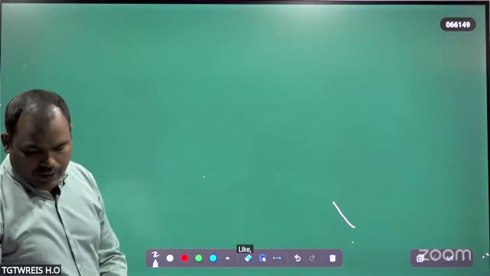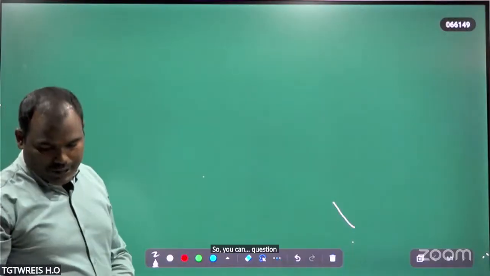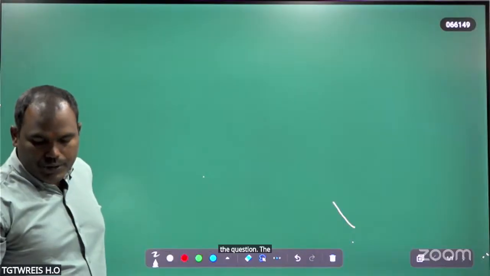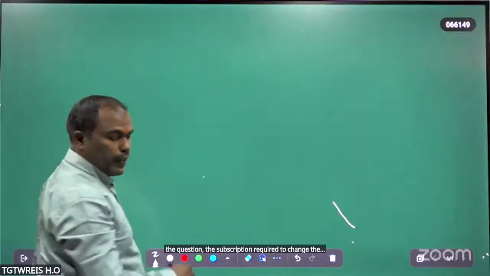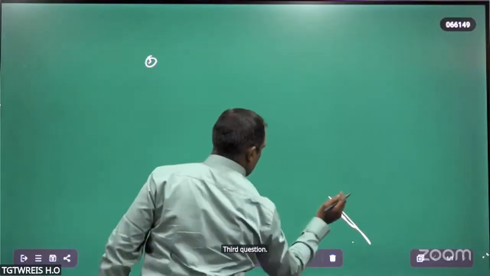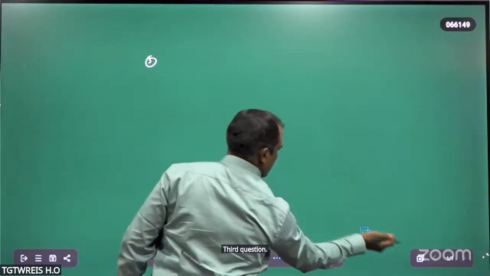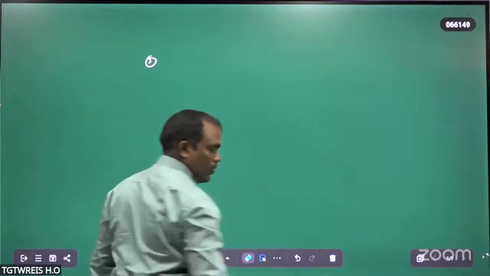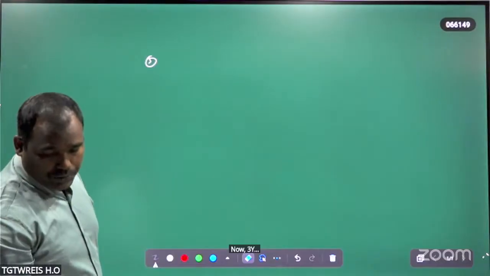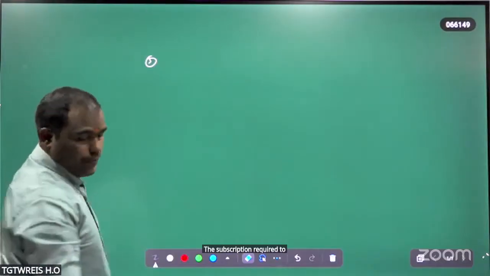In case 3, look at what the question is asking. The substitution required to change the equation. Third question.